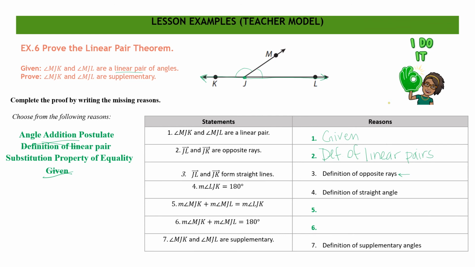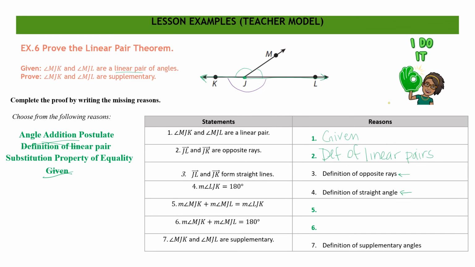Then for statement number 4, the angle measure for LJK equals 180 degrees. That would be this angle right here, LJK. I know that this angle is a straight angle because it's created by 2 opposite rays, and those 2 opposite rays are linear pairs. So I can say that it is 180 degrees because it is a straight angle. So we have that reason here.